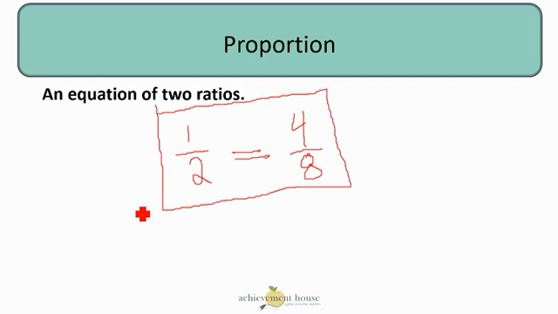They are proportional ratios. They are in proportion with each other. Those two ratios are equal. Therefore, they are in proportion. So proportion is an equation or an equality of two ratios. So when two ratios are equal to each other, they are in proportion.